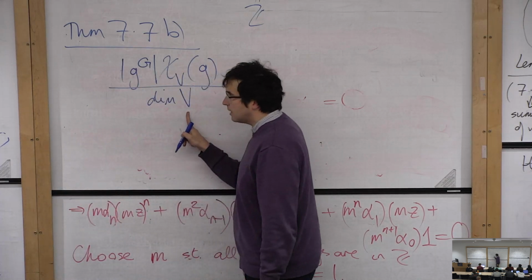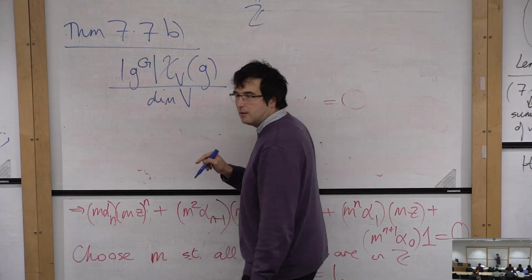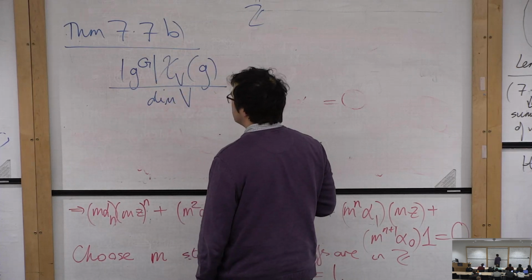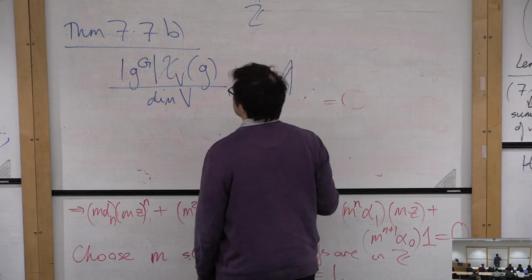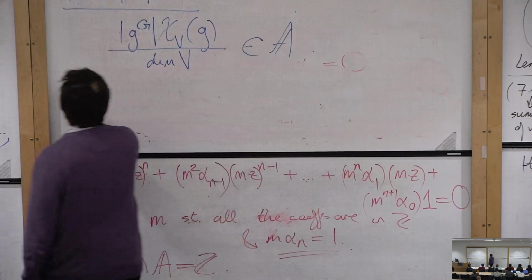V still has to be simple, otherwise the Schur's lemma thing doesn't work. Right, so V simple, G random, little g random, claim this, but you will get an integer. Why?